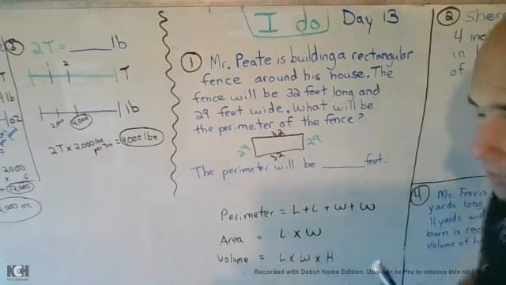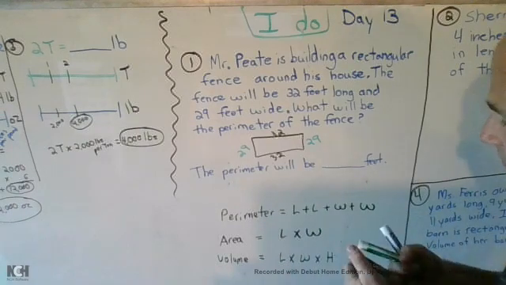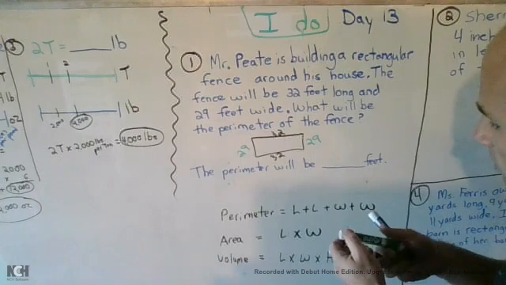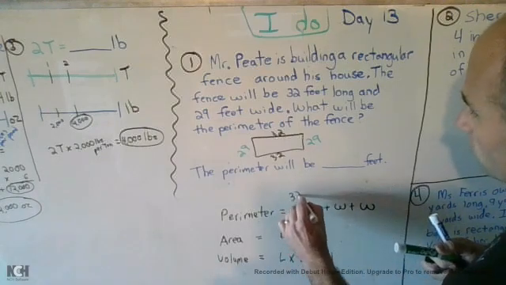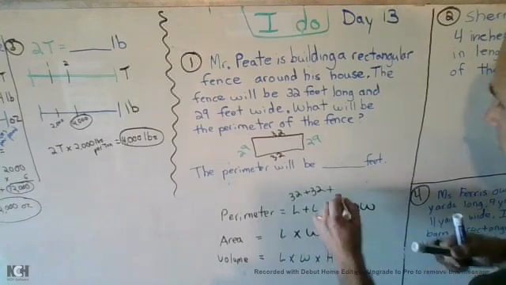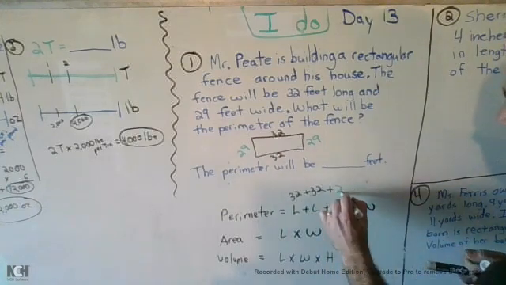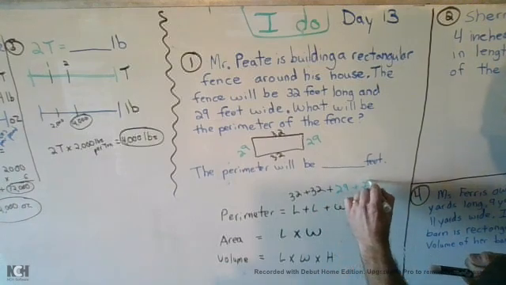And according to my perimeter formula, I'm doing 32 plus 32 plus my widths of 29 plus 29.